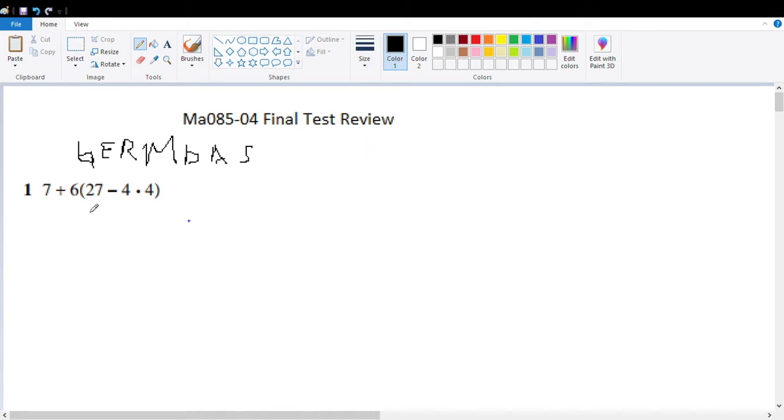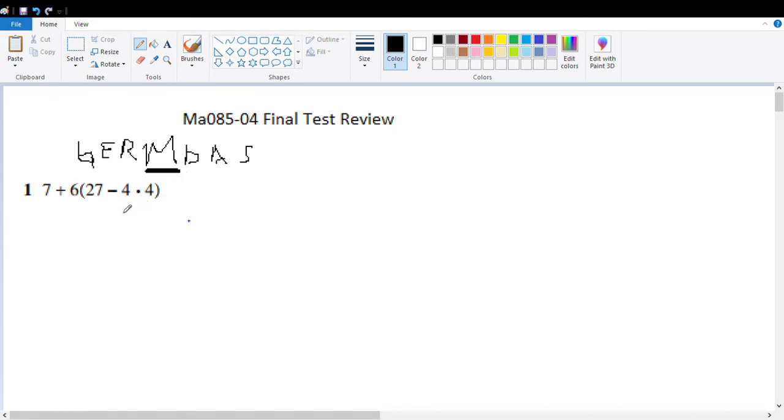So we're going to do 27 minus 4 times 4. But inside of the parentheses, there are multiple operations. So which one should you do? Again, you look at the GERMDAS, and in this case we're going to do multiplication.